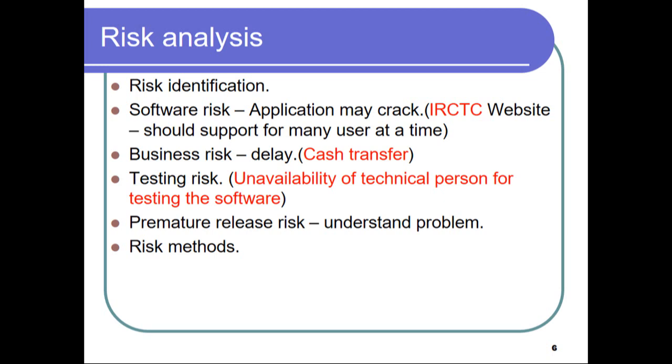So if more users is logged into that particular site and trying to book the tickets, and whether it can be applicable for railway systems or flight also, or bus, or even taxis, like that, many applications we can state with that.